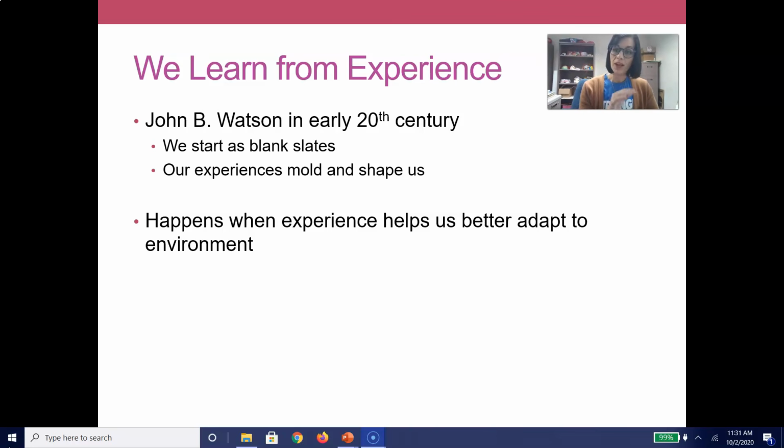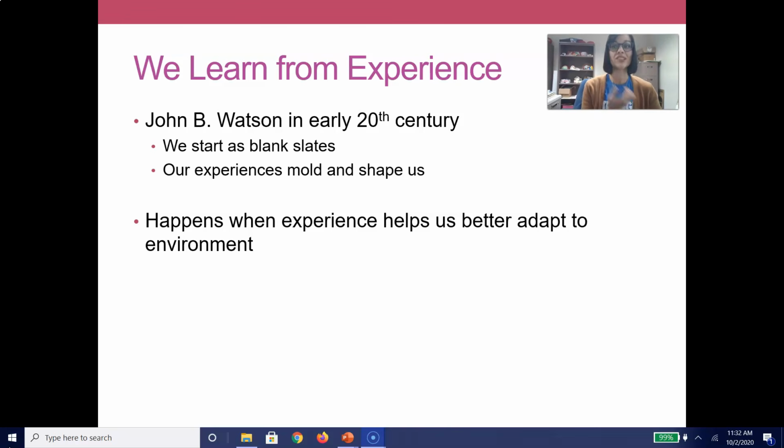So Watson believed that all you needed to make what we would consider an upstanding, upright citizen versus somebody who is not, like a beggar or a thief, was experience. I think that's a bit, as we can see, learning is a biopsychosocial influence.